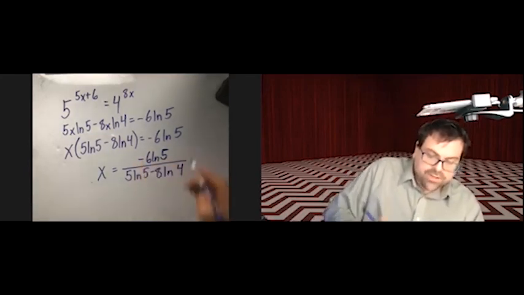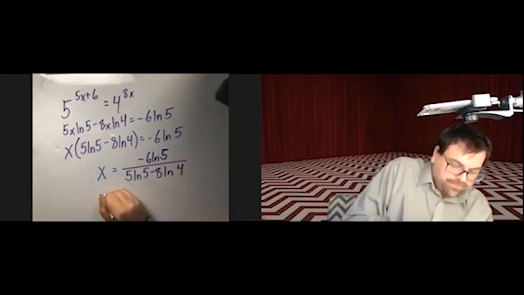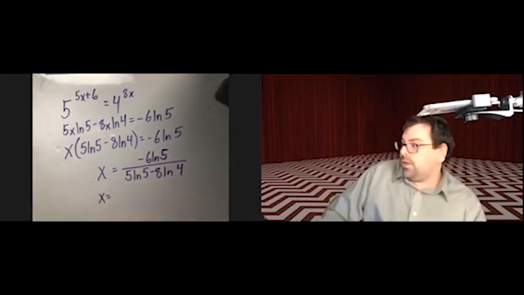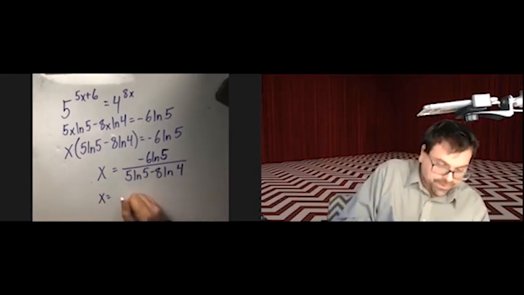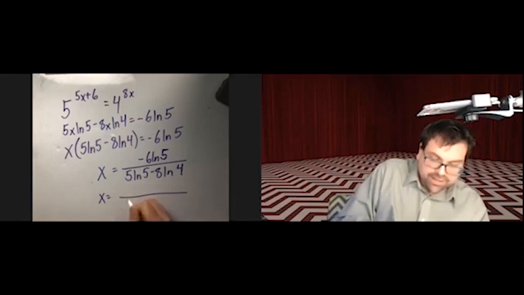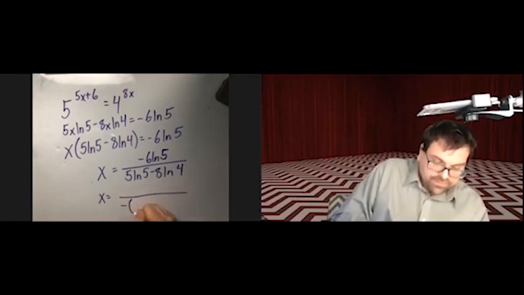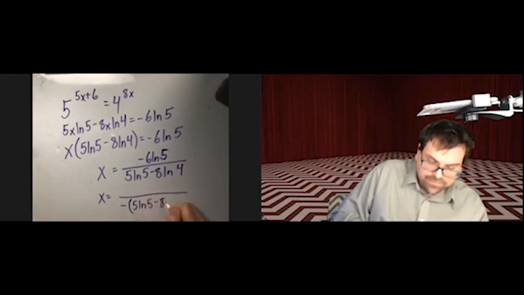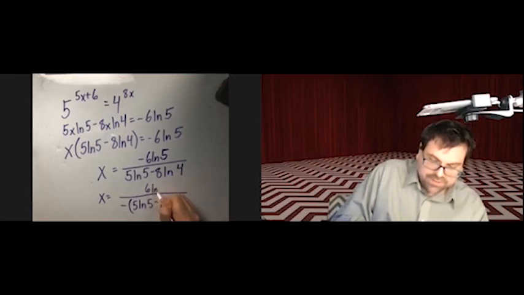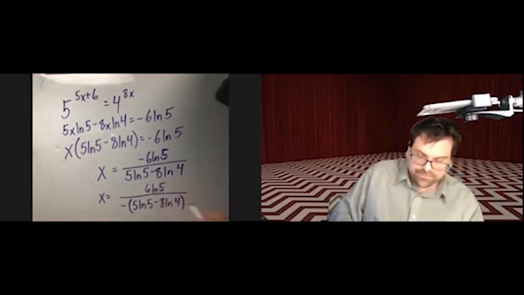The negative can go on the top or the bottom. We're going to put it on the bottom. But we can't just write negative and the rest of it. The entire bottom has the negative. Top's positive though, so we're almost done.